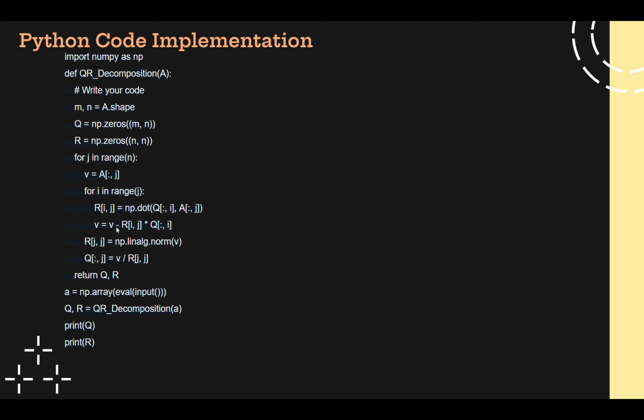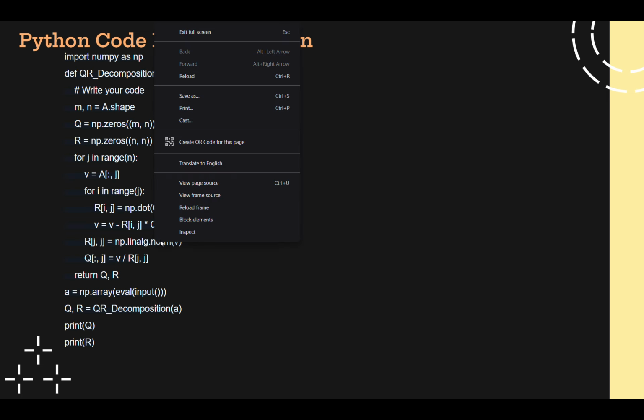Next, we subtract this projection from v. This removes any component of v that overlaps with the previous columns of Q, making v orthogonal. Once v is orthogonal, we calculate its length or magnitude using np.linalg.norm of v.